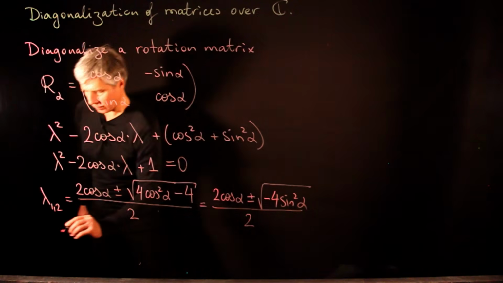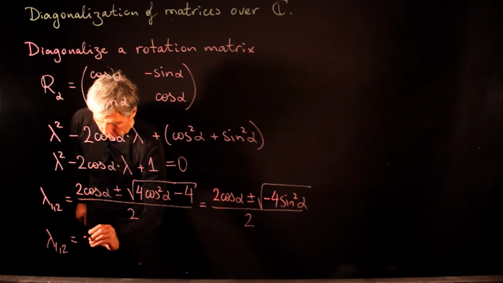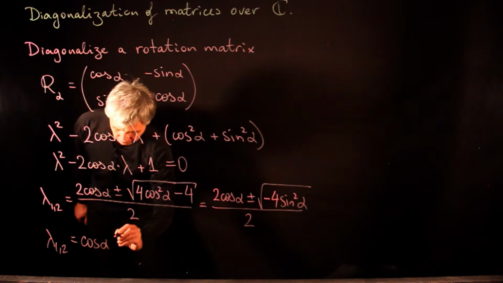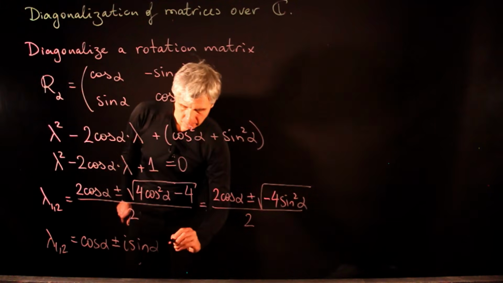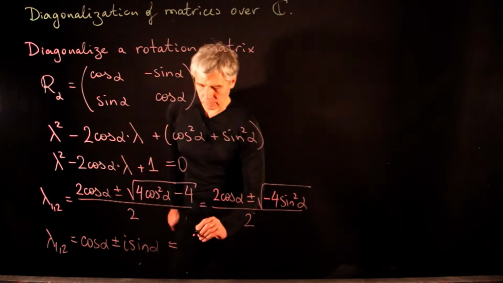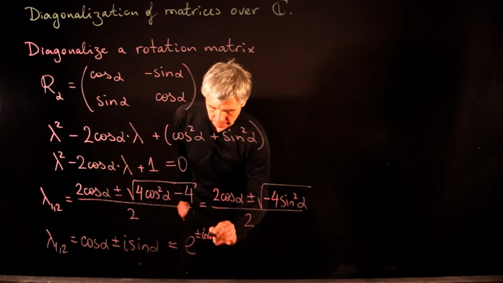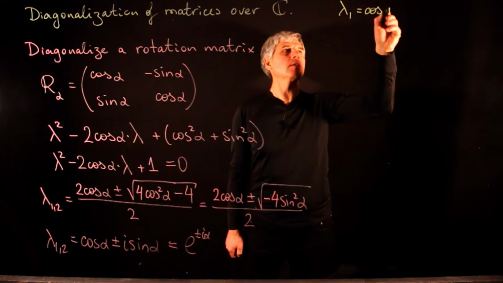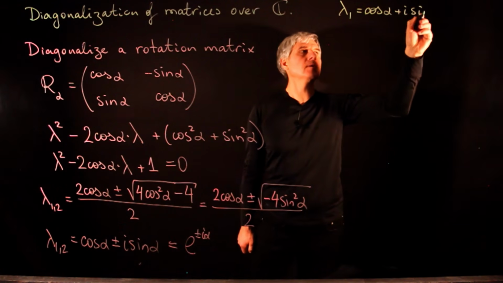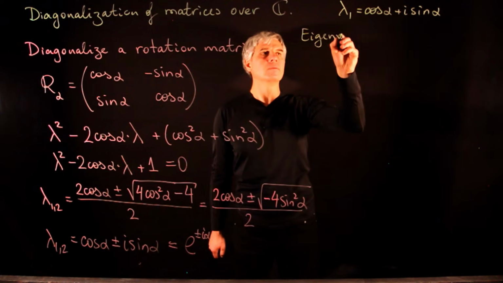And so what we get is that lambda 1, 2 is equal to cos alpha ± i sin alpha. Or this can also be written in the exponential form: e to the ±i alpha. Now let's take the first eigenvalue, cos alpha + i sin alpha, and find the corresponding eigenvector.